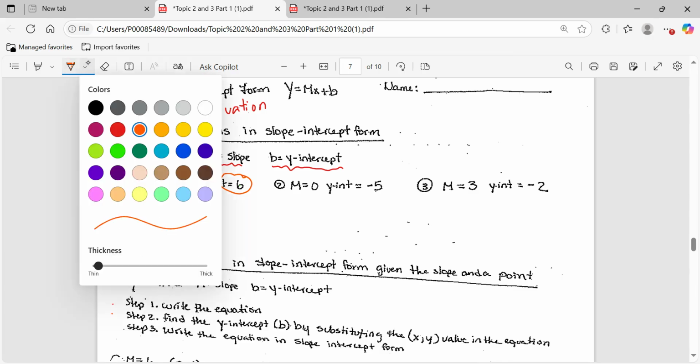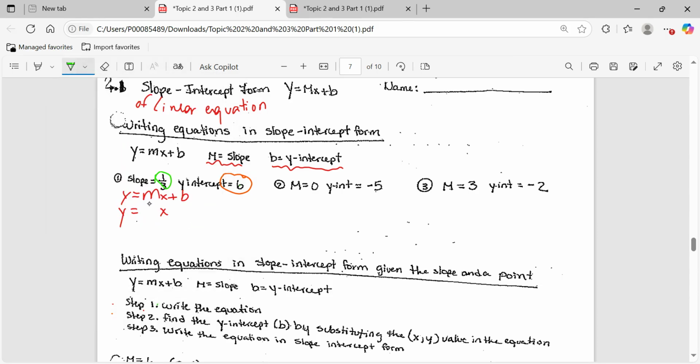Your slope here is red, green. So I'm just going to write it. Y is equal to 1/3. The slope goes in the slope spot, x, and your y-intercept goes in the y-intercept spot, plus 6. That's it. Y equals mx plus b. Your slope is 1/3 and the y-intercept is 6.